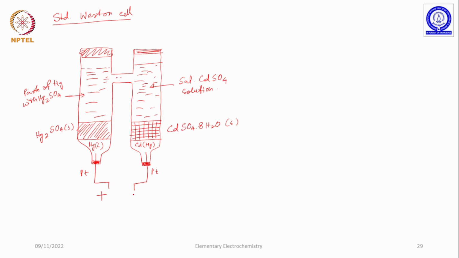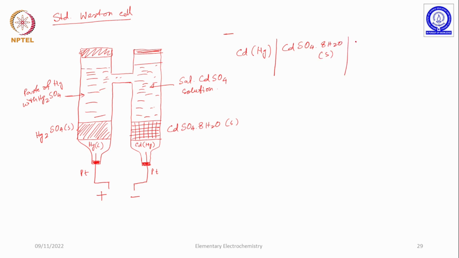In this cell, this is the positive and that is the negative end. So, if you want to write down this cell in one line, then one should write it like this. You know, cadmium amalgam is here, it is the negative electrode. So, the cathode is always written on the left hand side. Then you have the cadmium sulfate, 8H2O solid.